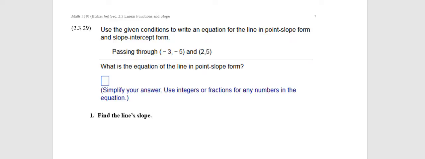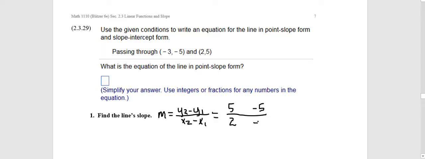All right, so here we're given 2 points, and we want to find the point slope form and the slope intercept form of the line equation. So the first thing we're going to do is find the line slope. So remember, lowercase m represents slope, and I find that by subtracting y1 from y2 and dividing that by the difference x2 minus x1.